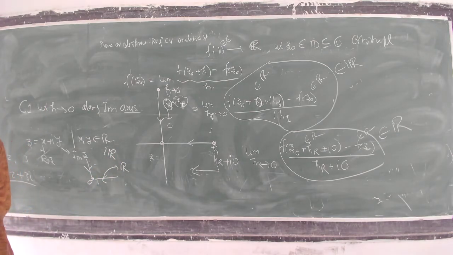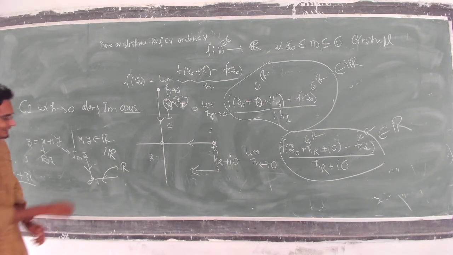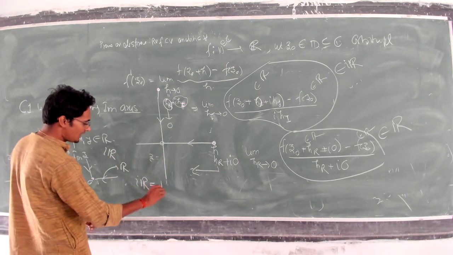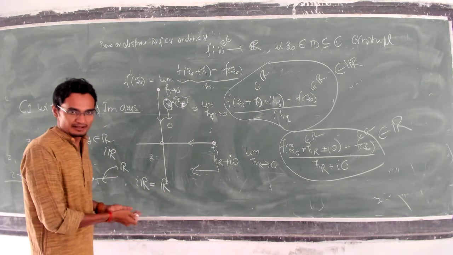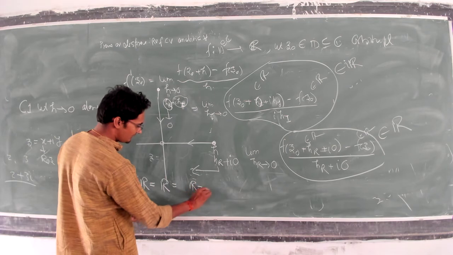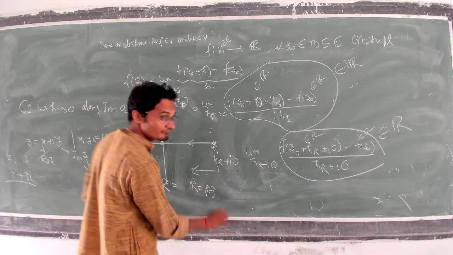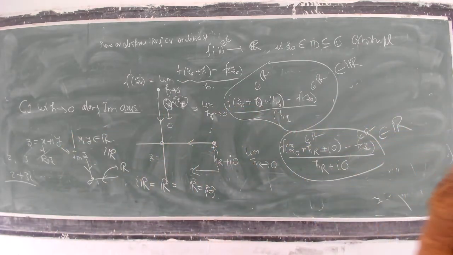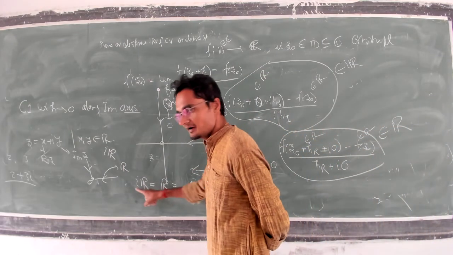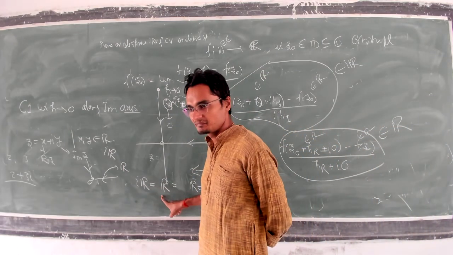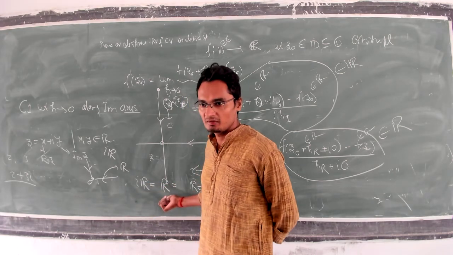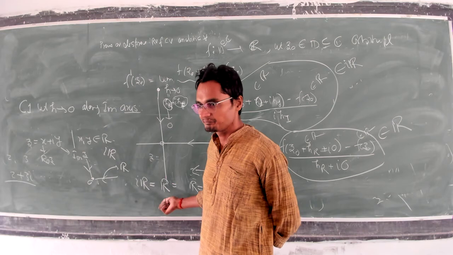What does this mean? This means that iota R is equal to R, then the limit exists, right? This implies that R must be 0. Otherwise, if R is not 0, this cannot be the same. Suppose R is equal to 2, then 2 iota cannot be 2. Alright?